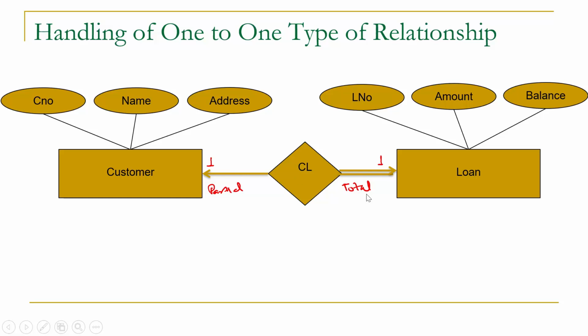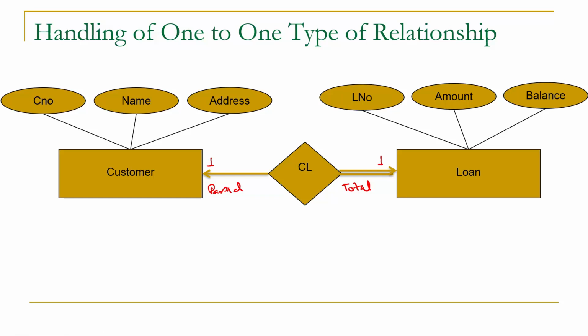If we have an entity set which has a total participation in the relationship, the guideline for such a relationship is to always copy the primary key of the entity set towards total participation. It means that in this case we have to copy the primary key of the customer entity set towards the loan table.